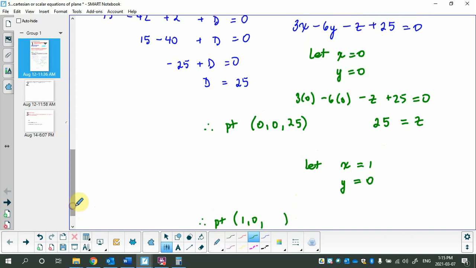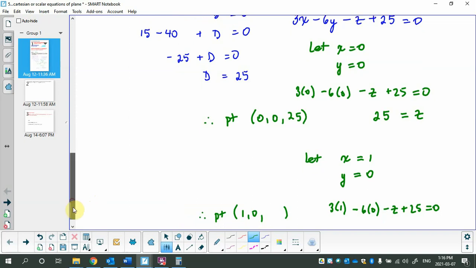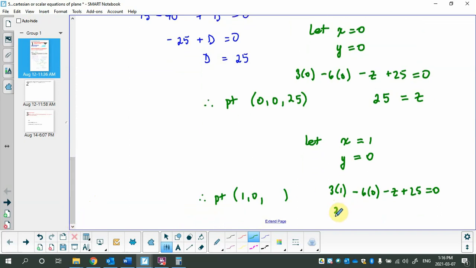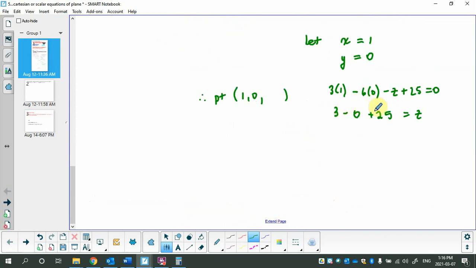I just need to see that last blue line. So 3 times 1 for x minus 6 times 0 for y minus z plus 25 is equal to 0. So that's 3 minus 0 plus 25 is equal to z on the other side, positive. 3 minus 0 plus 25 is 28 equals z.